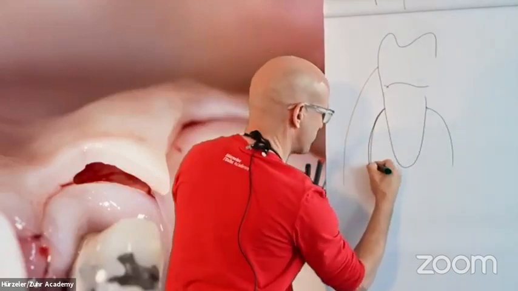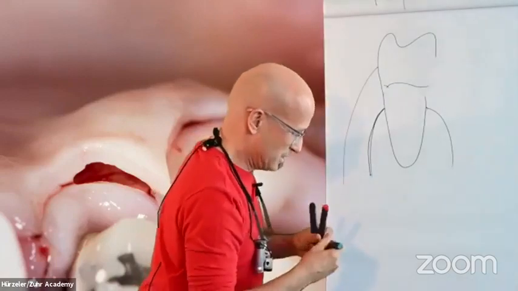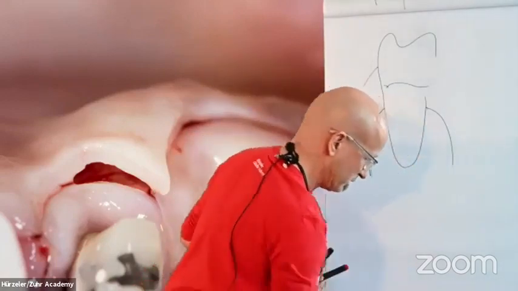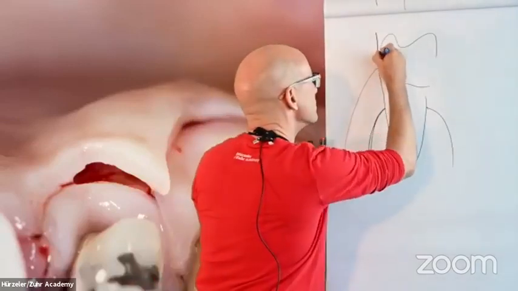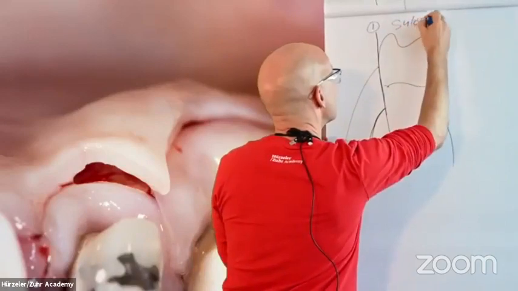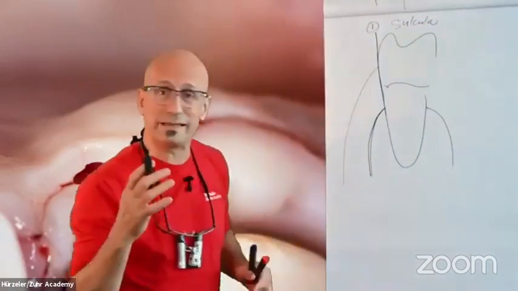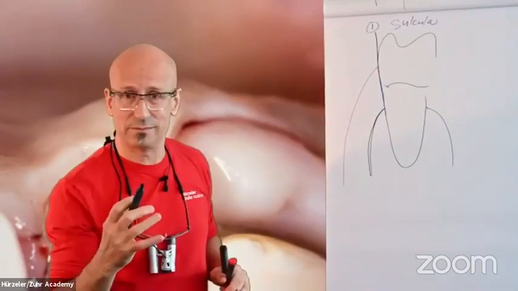Again, always remember, green is the periodontium. So we can cut into the periodontium first with a sulcular incision. Then we intend to do a full thickness flap.